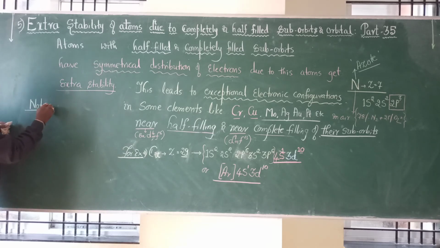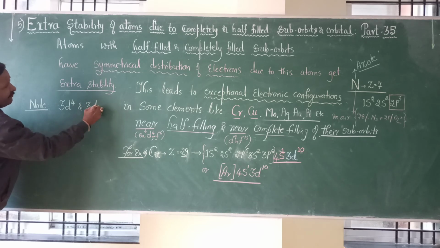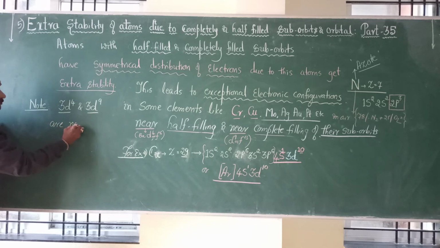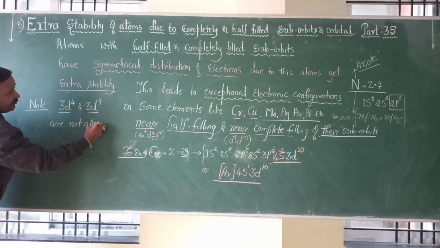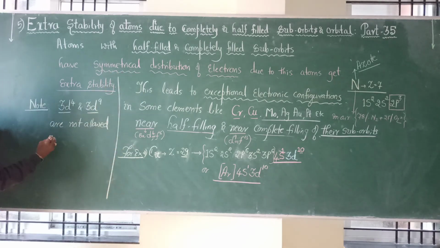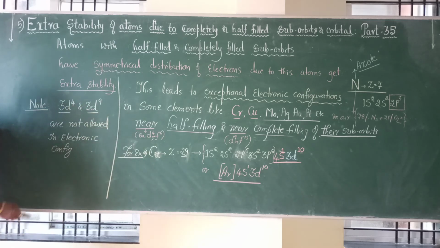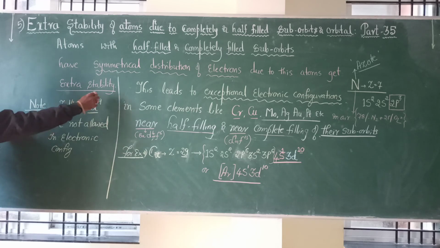During electronic configuration, 3d4 and 3d9, this is near half filling, this is near full filling. 3d4 and 3d9 are not allowed in electronic configuration. So you cannot write d4 and you cannot write d9.